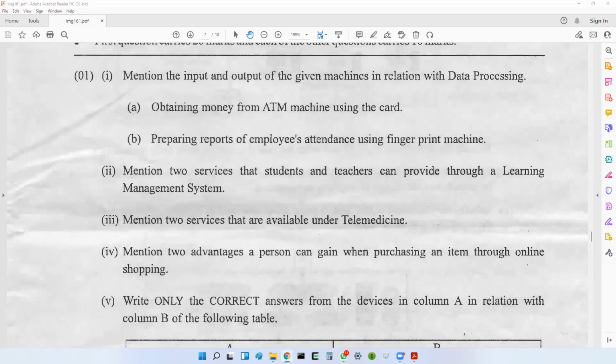Question 1, part 2. Mention 2 services that students and teachers can provide through a learning management system. Second one, mention 2 services that are available under telemedicine. Think about the answers for these 2.